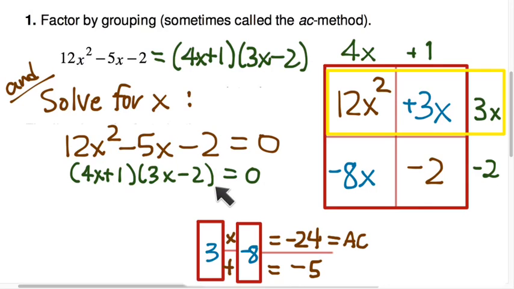I have a factored expression on the left side of an equation, and I have a magic 0 on the other side of the equation. So now what? This is a step everybody forgets. But it's the entire reason that we factor, is it allows us to solve equations in this fashion.